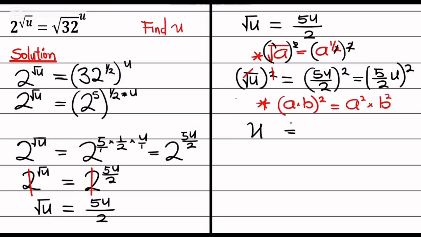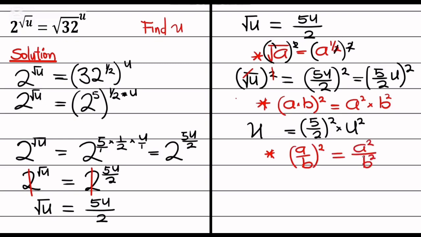And if I apply this rule to the right-hand side, I'm going to have 5 over 2 all squared multiplied by u squared. Also, the twin brother of this index rule is what I'm going to apply to this part of the equation, which says whenever I have a over b all in parentheses raised to the power of 2, it can be written as a raised to the power of 2 over b raised to the power of 2.